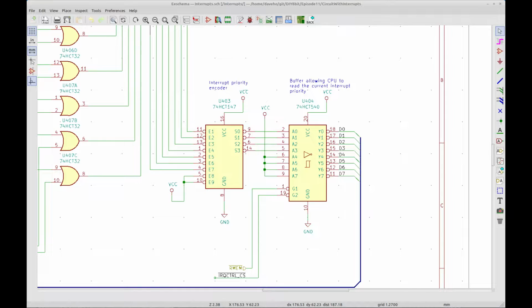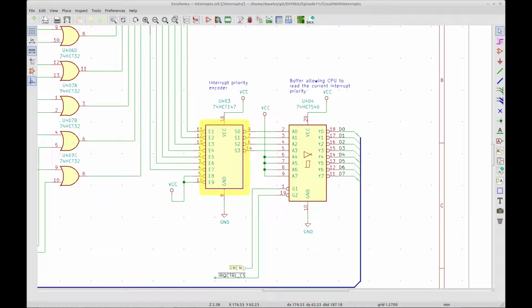Because more than one interrupt request could be asserted at the same time, the interrupt controller prioritizes the interrupt requests, with higher numbered interrupt request inputs having priority over lower numbered interrupt request inputs. For example, if IRQ7 and IRQ3 are asserted at the same time, the interrupt controller should indicate that IRQ7 should be handled next.